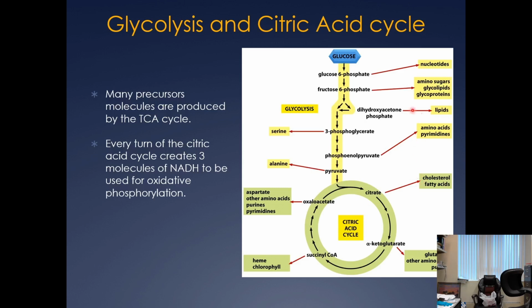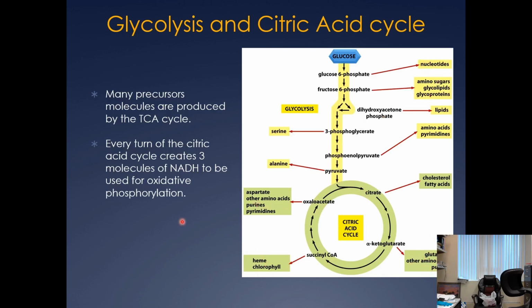Ultimately, with glycolysis and the citric acid cycle, you take glucose, your sugars and food sources, and they can produce a whole bunch of other metabolites like amino acids, cholesterol, fatty acids and lipids, amino sugars for glycoproteins, as well as free nucleotides, and then heme and chlorophyll, as we'll see, and glutamate and other amino acids.